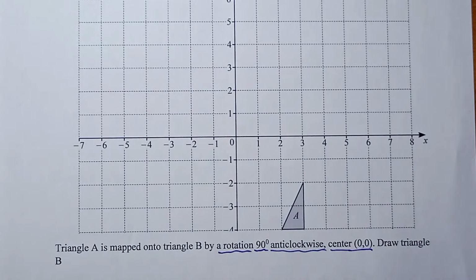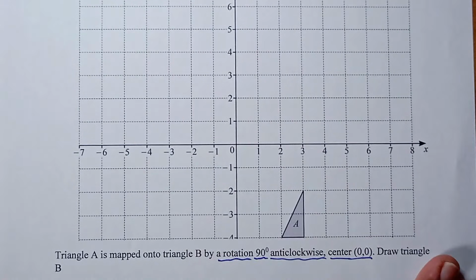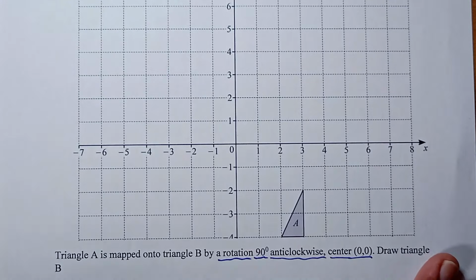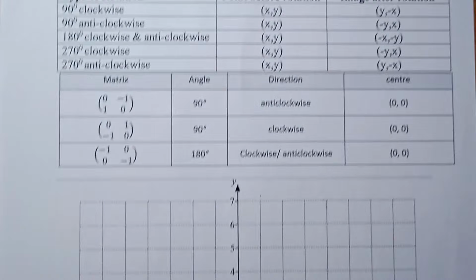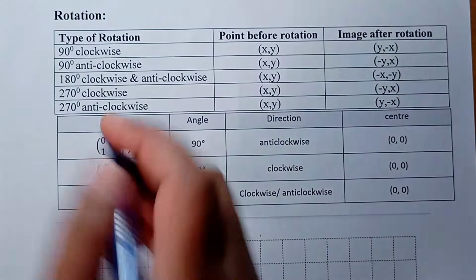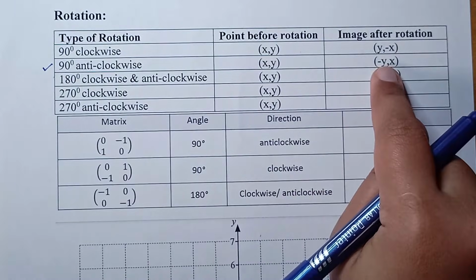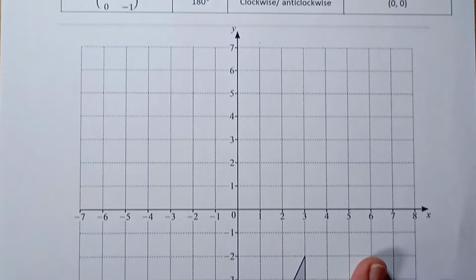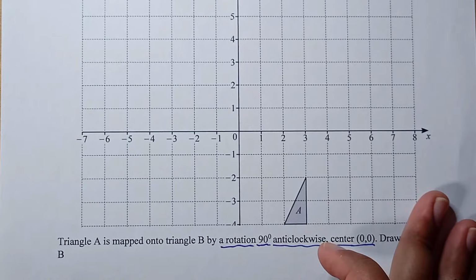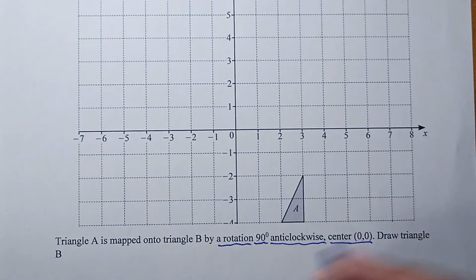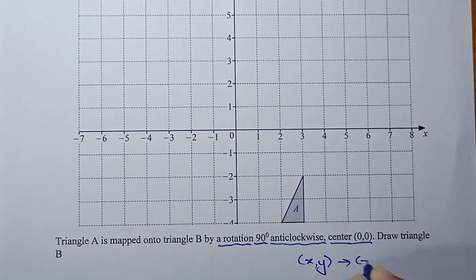Draw triangle B. Now let me check how we can find the coordinates for that triangle B. If we use that table, for 90-degree anti-clockwise, (x, y) changes to (-y, x), right? So let me write it down. (x, y) changes to (-y, x).